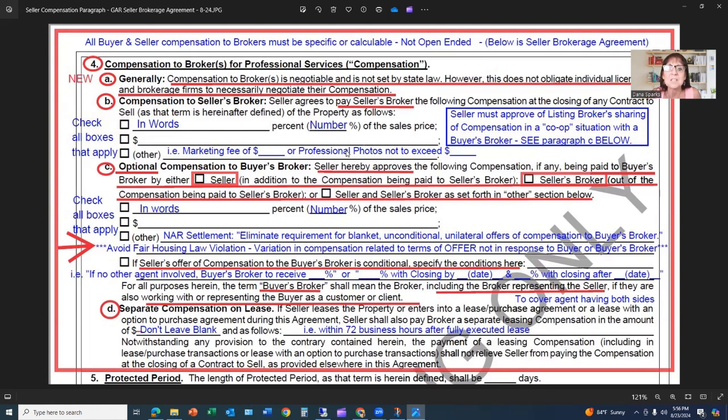So it has to be a specific amount or a way to calculate that amount. For example, not to exceed so much. Listing agents, make sure you check all the boxes that apply. So for example, if a seller is going to pay your broker a fee of a certain percent of the sale price and a marketing fee, you would have to check both of those boxes.